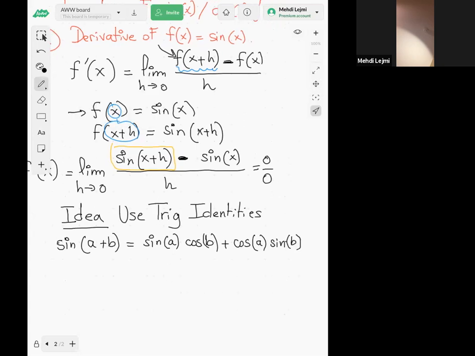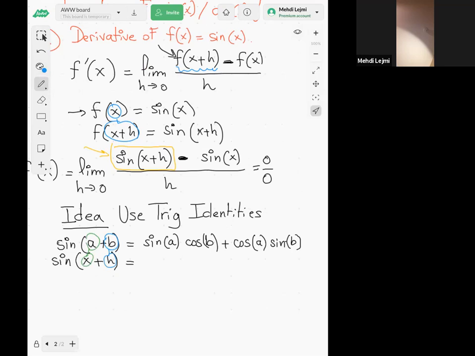And in my limit, guys, I have this sine of x plus h, so it's like saying my a is x and my b is h.